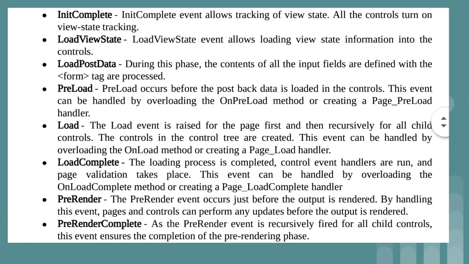It means that at the last moment, if you want to change your selection of the control, you can do that. Suppose I have two radio buttons and two check boxes, and I have selected the first radio button and first check box. Before the button click event is produced, if you want to change the selection which we made previously, we can change it in the pre-render stage, okay.